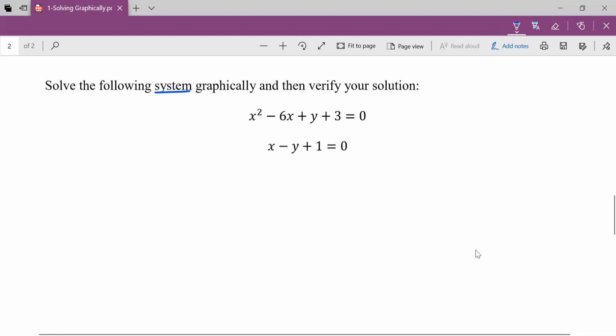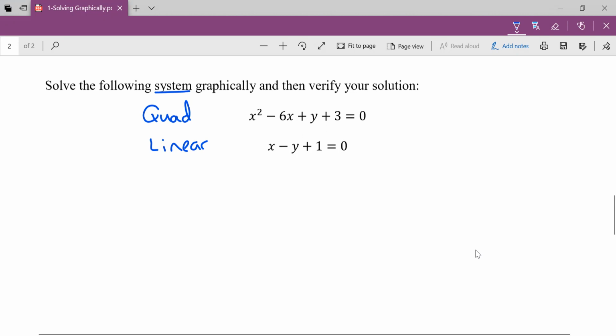So what are we going to do? Well, looking at these systems, we've got ourselves a quadratic and a linear. I can tell by looking at the highest degree on each of those equations. But if I want to solve these graphically, what we need to do is isolate for y.